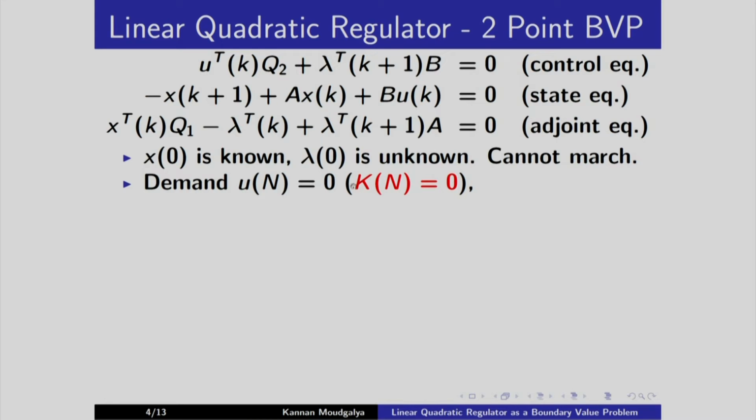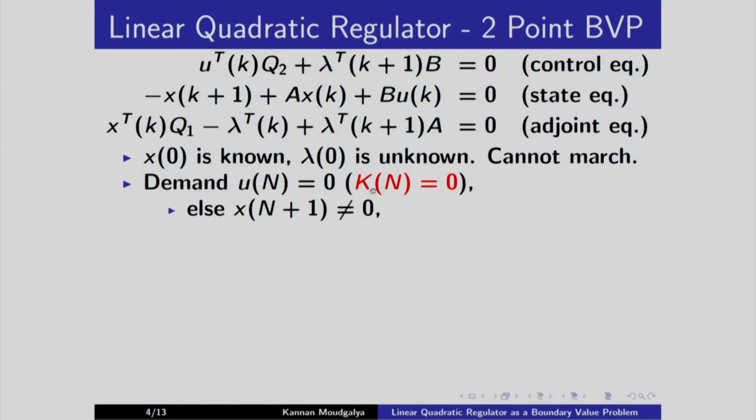Control law k at time instant n is equal to 0. Notice that we are calling the control law k a function of time. In fact, we will see the control law is not a constant in this lecture. It will vary with time. Because u n equals 0, we see k n equals 0.